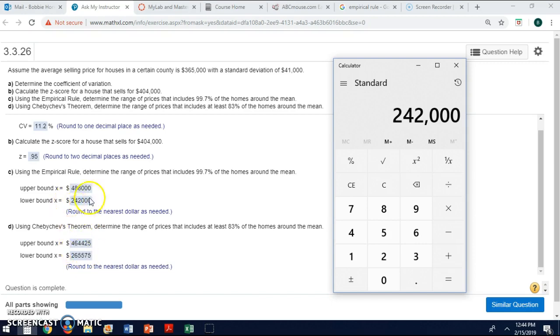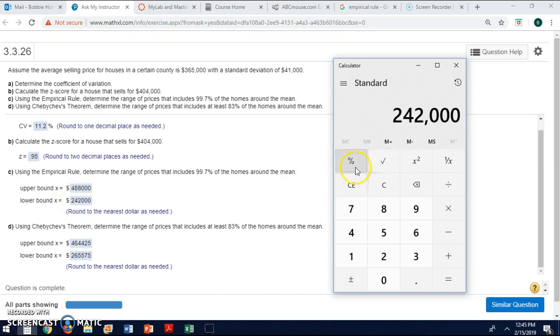So your lower limit is 242,000. What does that mean? Given that the data is normally distributed, 99.7% of your values will fall between 242,000 and 488,000, meaning that 99.7% of the homes in the county will be between these two numbers.